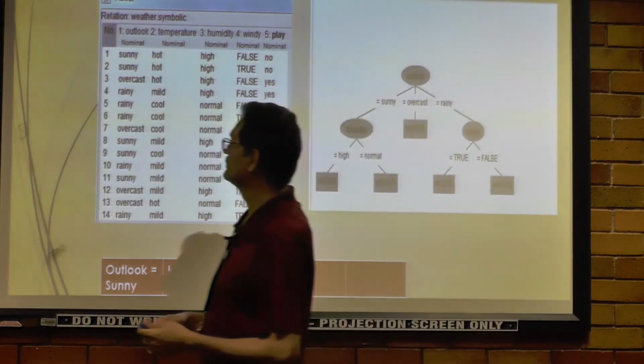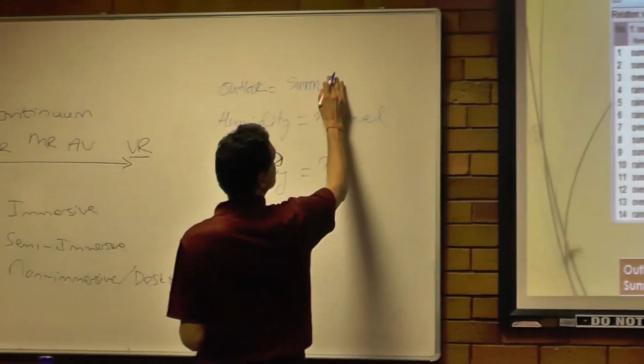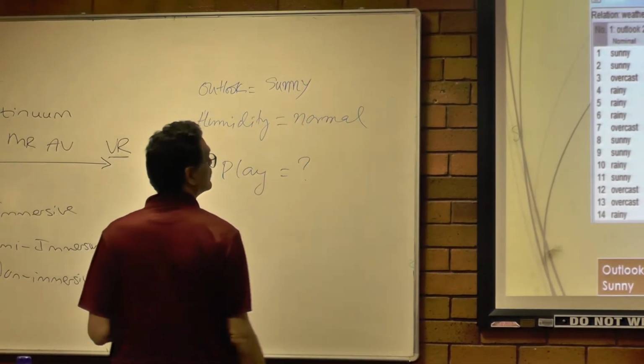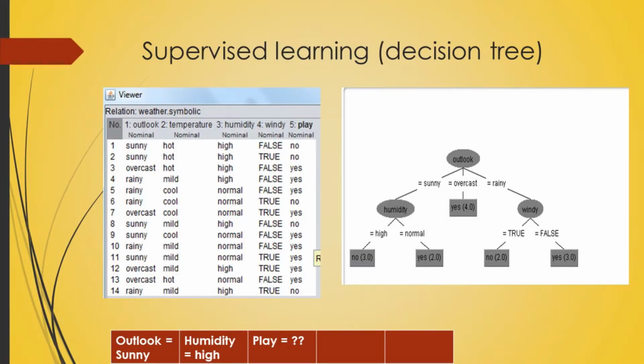Now assuming it was not overcast, if it was sunny, what will we get there?